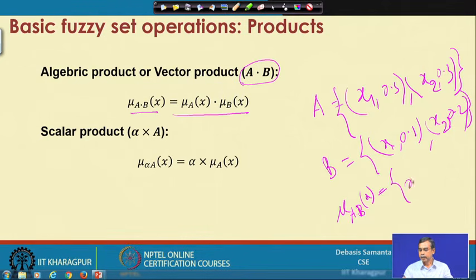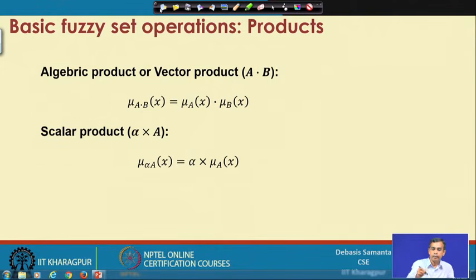For x 1 it is basically the product of 0.5 and 0.1, which gives you 0.05. Similarly, for x 2 it will give you 0.06, and so on. This way the product can be obtained. So, this is the vector product.